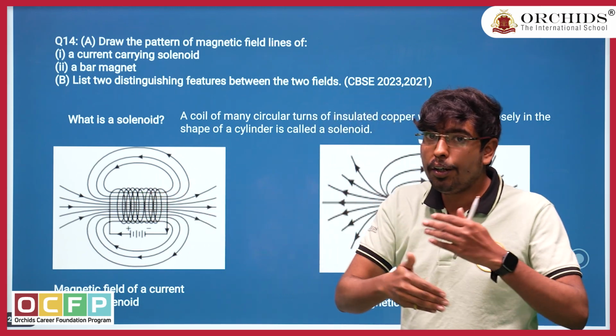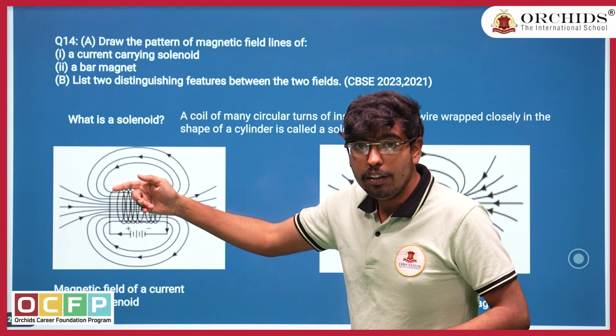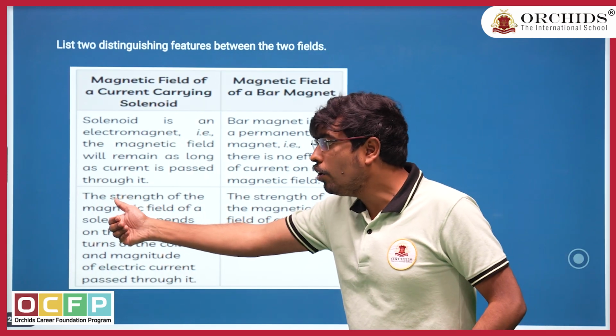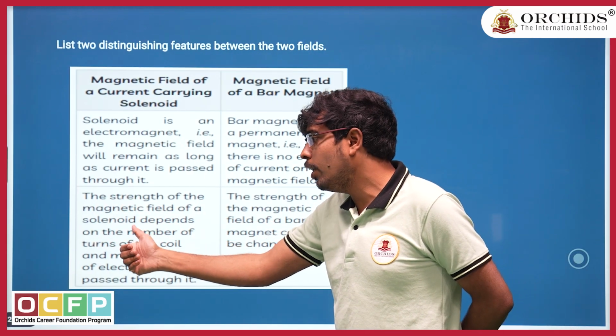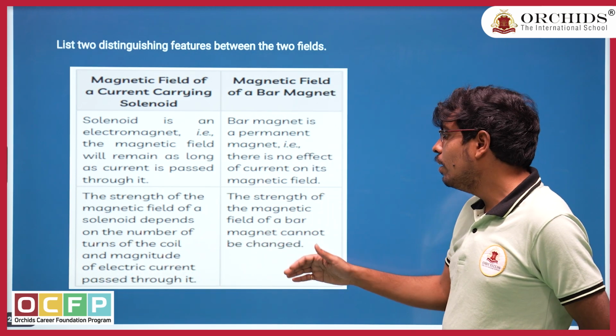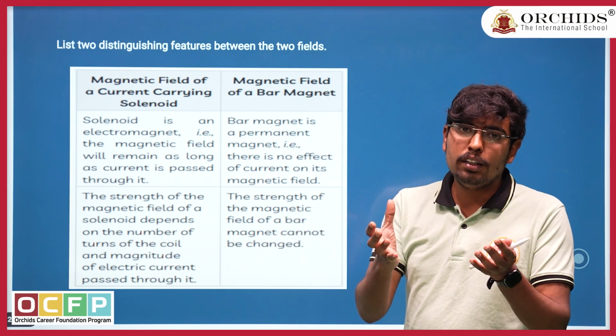For example, if you have taken copper conductor, copper turns, then there will be much more magnetic field. So that is the next dissimilarity. The strength of the magnetic field of a solenoid depends on the number of turns and the current passed through it. But for a bar magnet, it is just the strength of the magnet, a natural property.